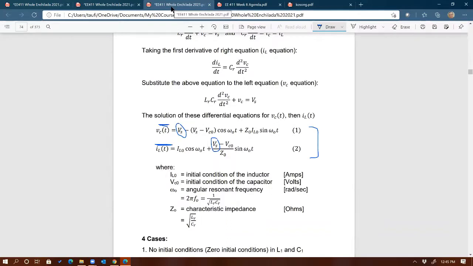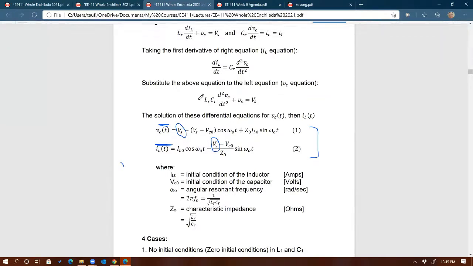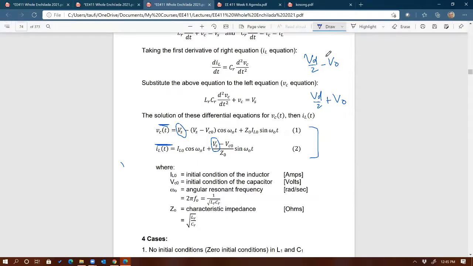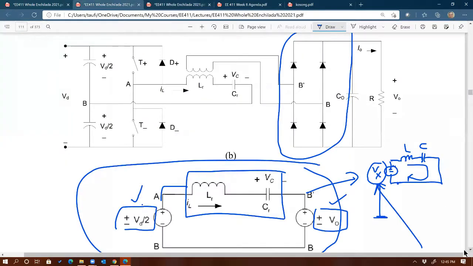I guess I didn't ask my question properly. I'm wondering why there's like a big hump and then a little hump. Why are those voltages differing? Because the Vs is different, right? So one could be VD/2 minus V out. The other one could be VD/2 plus V out, if you combine the voltages, the input and output. So remember this?